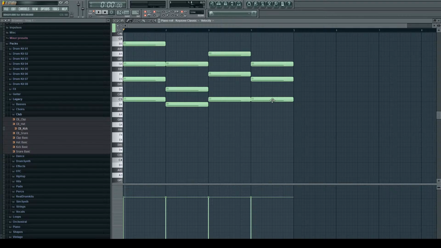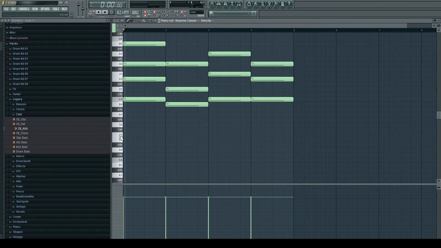If C is the fifth note, what would be the first note going down? Does anyone know? F. There we go. F.